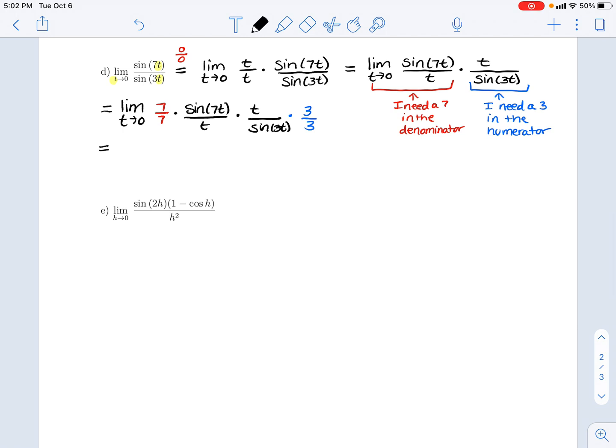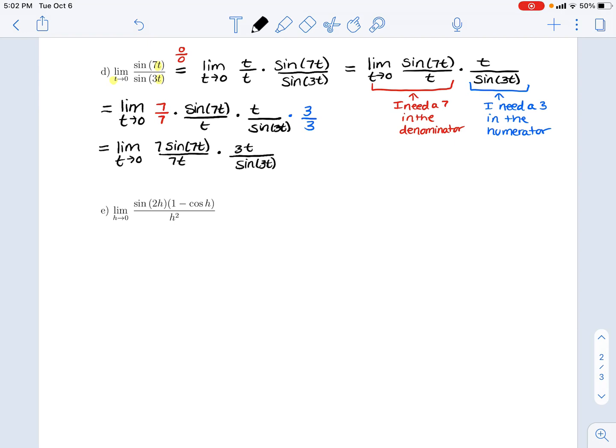Okay. And so when I do that, I get the limit as t approaches 0 of 7 sine of 7t all over 7t times 3t all over sine of 3t.